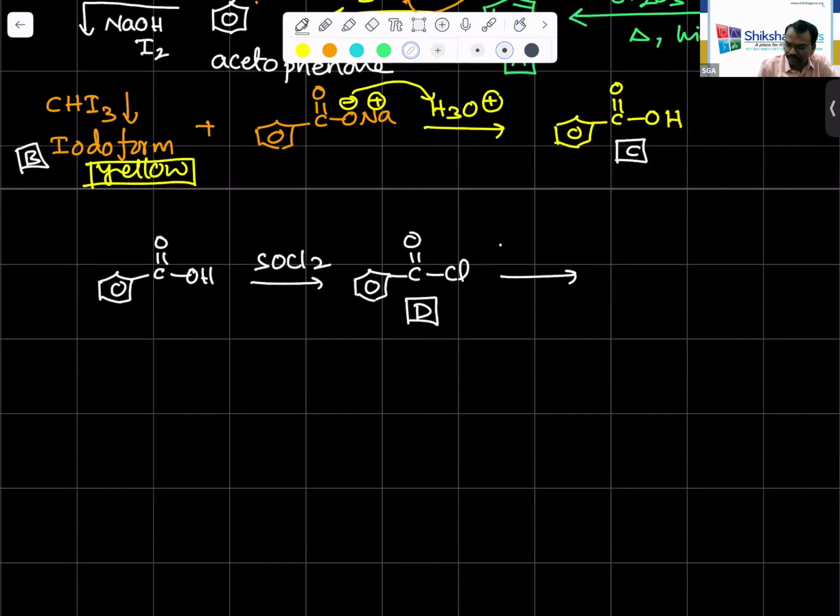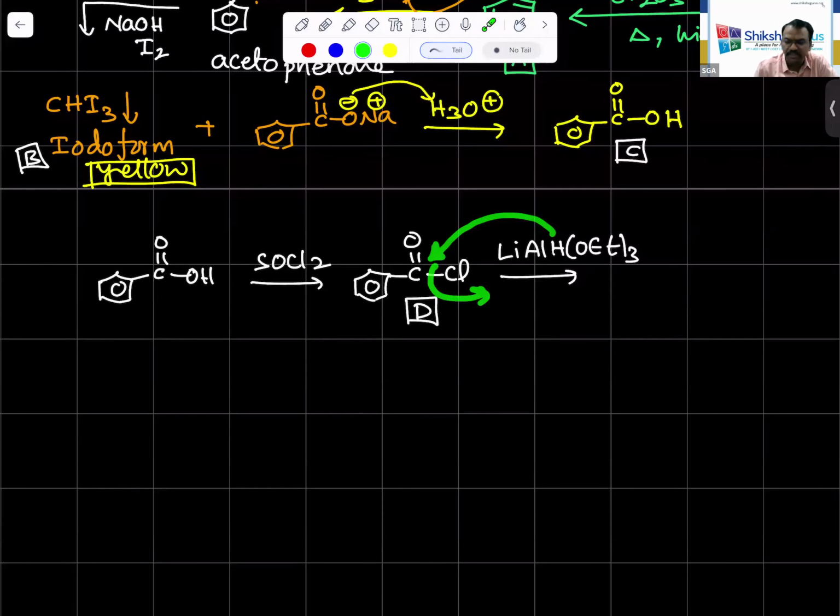In the next step, it is treated with lithium triethoxy aluminum hydride. Now, what will happen? Here it is a reducing agent. From this molecule, H minus is transferred. In the next step, the Cl minus group takes part in elimination.